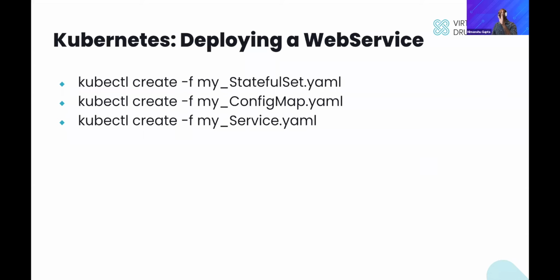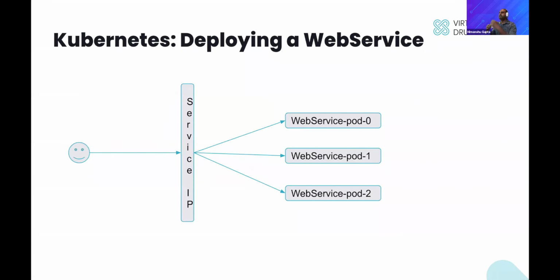You technically could submit these three resources in a Kubernetes cluster, and then it would give you this kind of infrastructure view where you have a load balancer or some virtual IP that your user can connect to. Then, depending upon the policy of the load balancer, they will reach out to one of the replicas that your web service might have. So that's the essence of how people deploy things on Kubernetes.